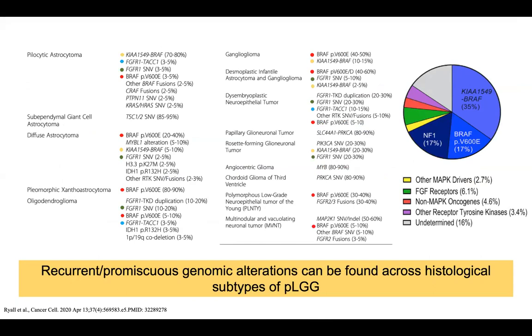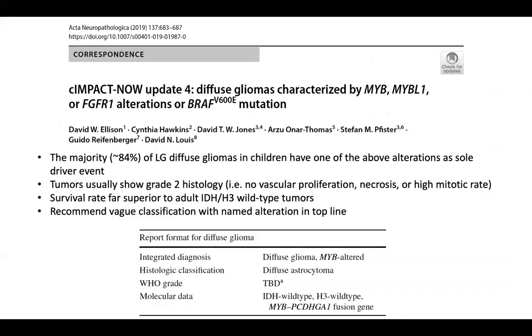Now, this very detailed slide is to show you that for each different morphology that one may encounter in the pediatric glioma realm, the number of driver events that are encountered in these is very, very extensive and promiscuous. And the reason I bring that up is that because there's such a difficulty in assigning well-defined histomolecular clinical entities, there's been a large movement to abandon doing so altogether.